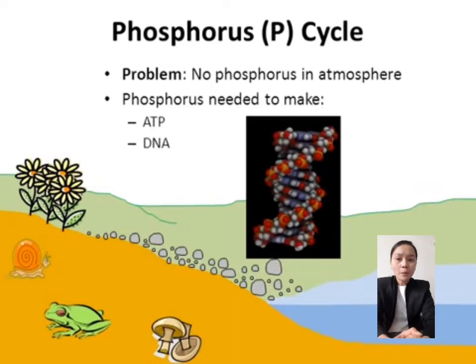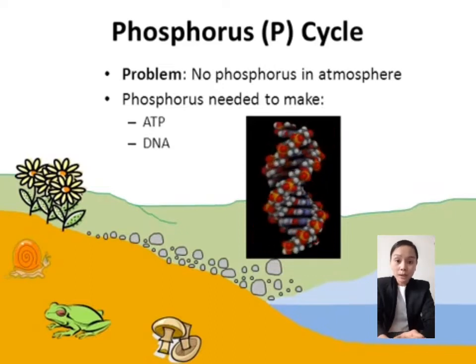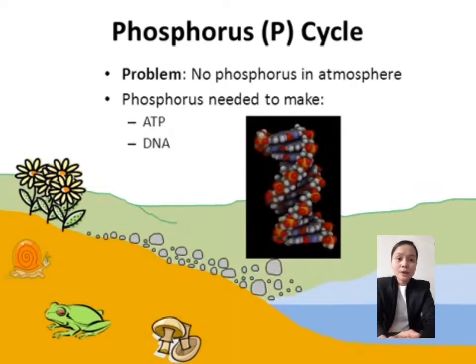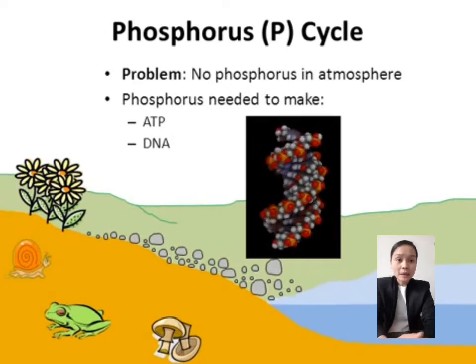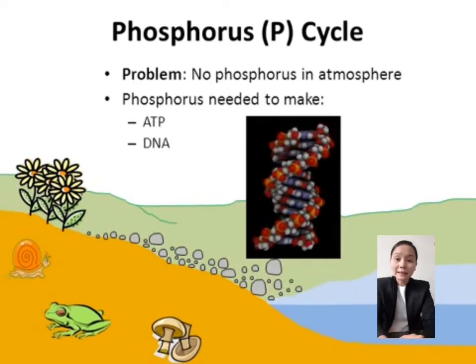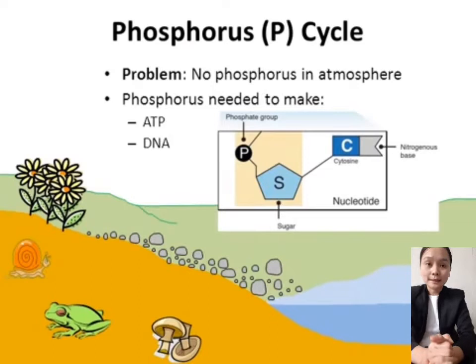Another important molecule that requires phosphorus is DNA. Not just DNA but RNA, nucleic acid. So here's a double helix. If you look up the molecular structure of DNA, remember that DNA is made from small parts called nucleotides.